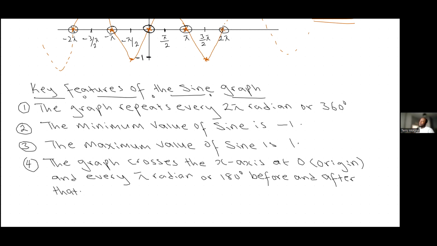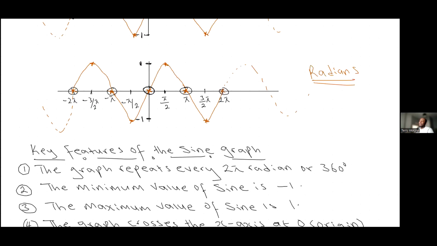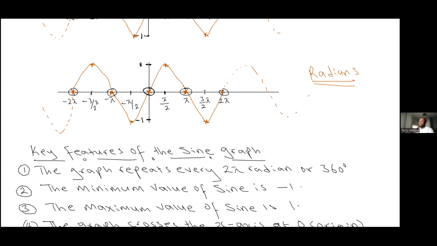Now, number 5 is that you notice the sine function reaches its maximum value at pi over 2 radian or 90 degrees. So the maximum value it gets is 1. So it's pi over 2, and every 360 degrees or 2 pi radian after that.